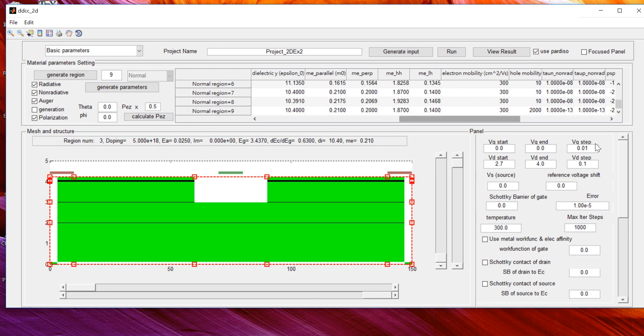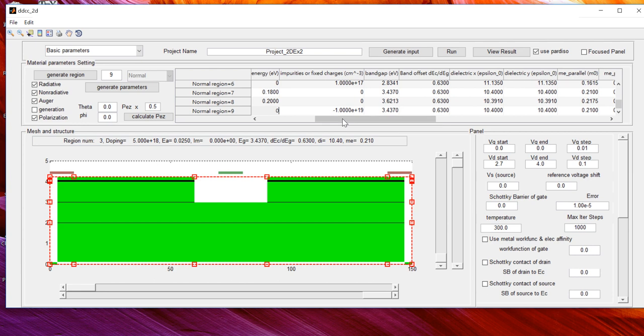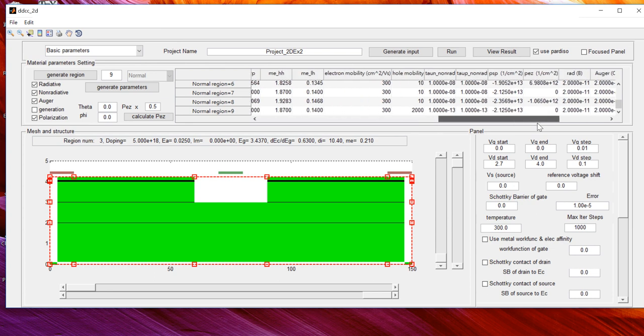So here we set up a hole mobility of 2000, and the carrier density is 1E19. But you can set the carrier density to 1E20 and the mobility to 200. I mean, it's the same thing.